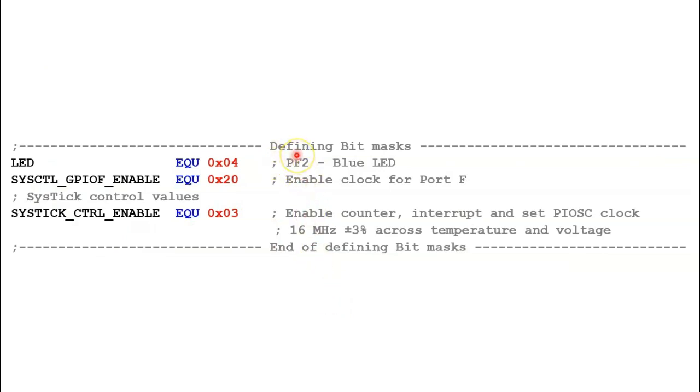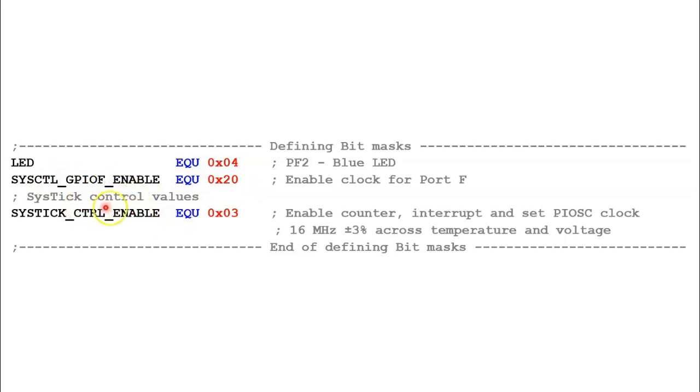Next comes the definition for the bit masks. So I have defined LED as 04 hex. That is port F bit 2. That's the blue LED on the TIVA C series LaunchPad board. Then this here is for enabling the clock for port F. So the value I've assigned to this symbol is 20 hex.